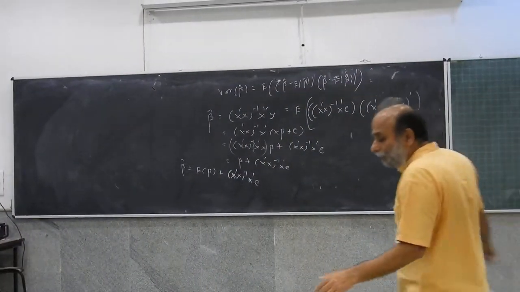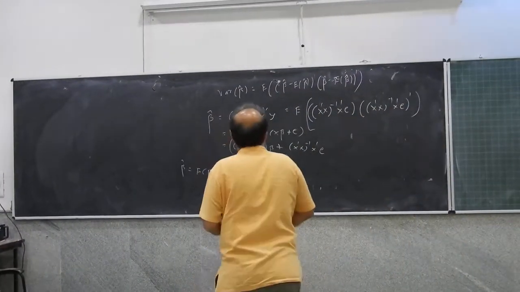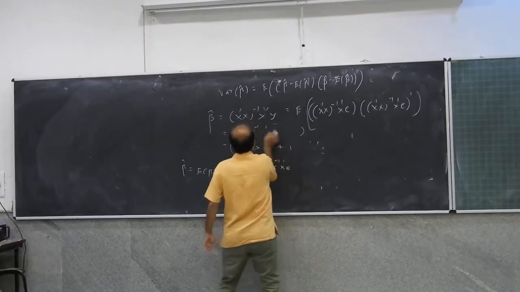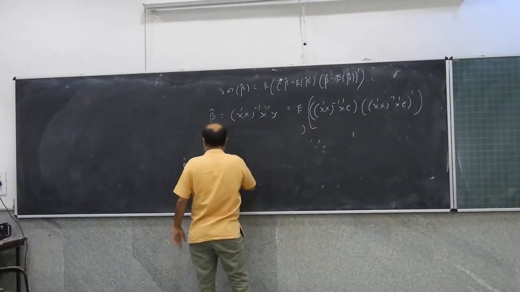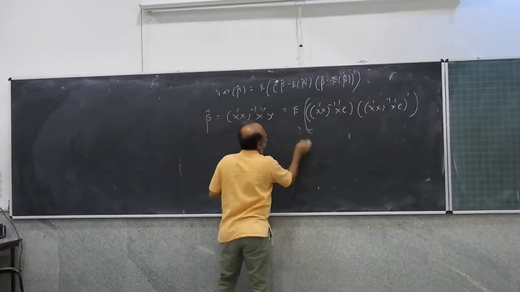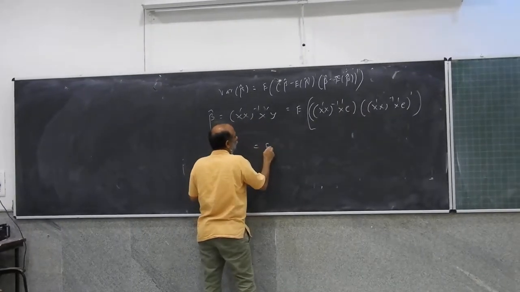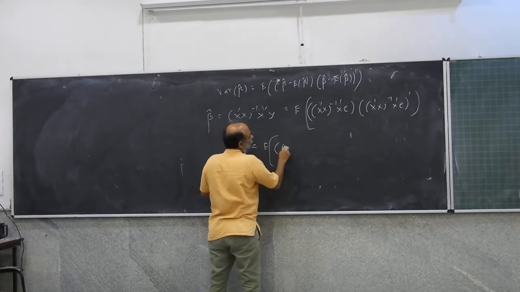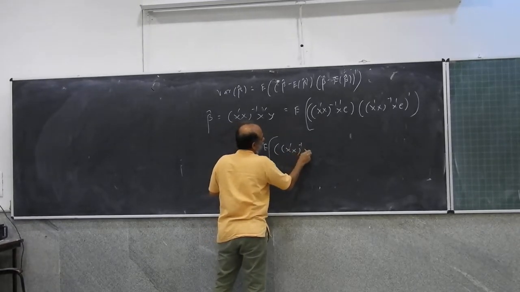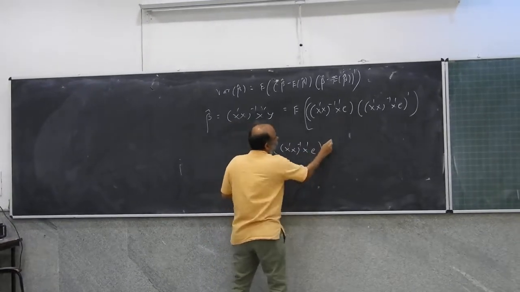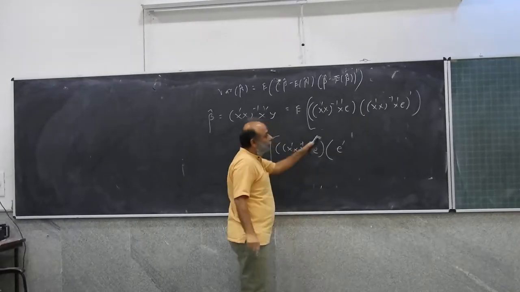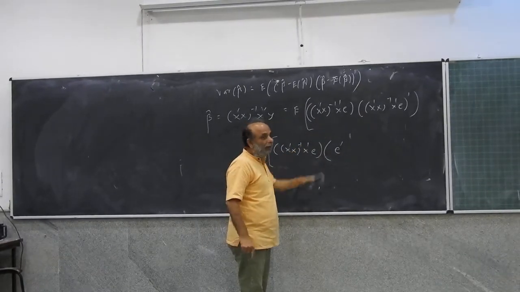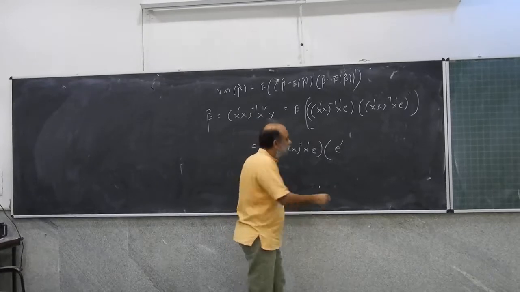Right? So from which I have, this is then equal to E transpose, X transpose, transpose is X.